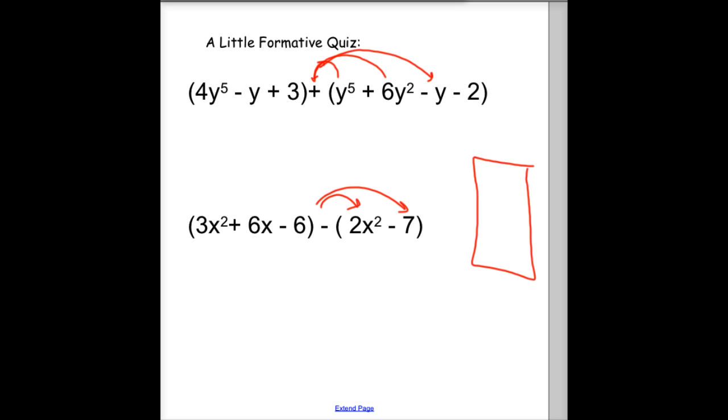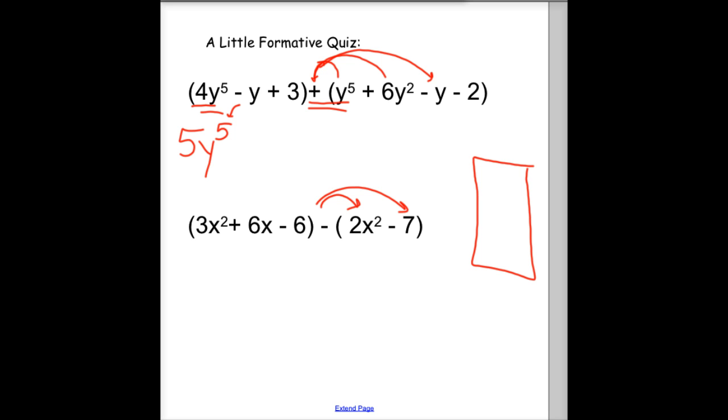So with addition, we get to pretend those parentheses aren't there and just combine our like terms. 4y to the fifth plus 1 more gives me 5y to the fifth. Notice I didn't put a 10 here. I don't add the exponents when I am doing an addition problem. I'm combining them together. I have 4 of them plus 1 more of them gives me 5 of them.